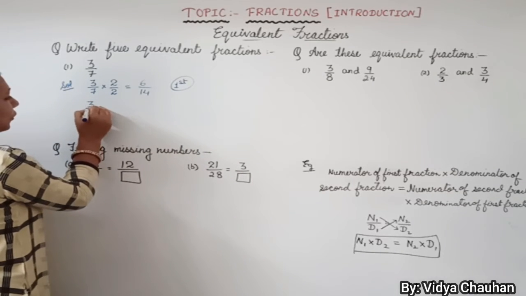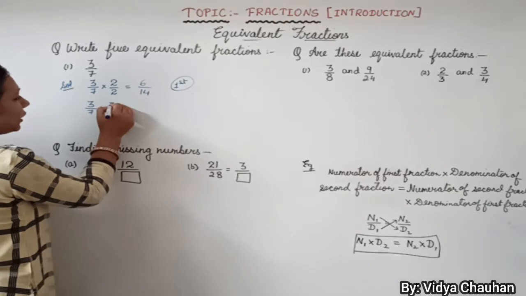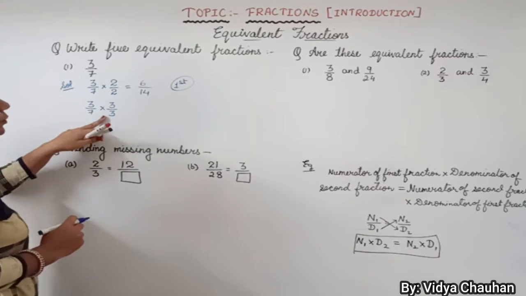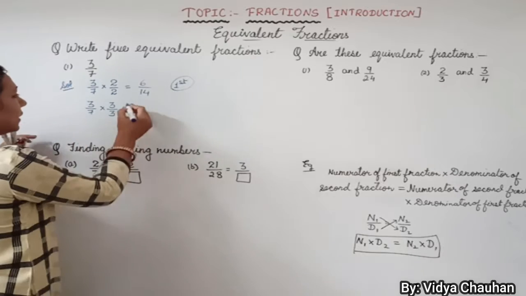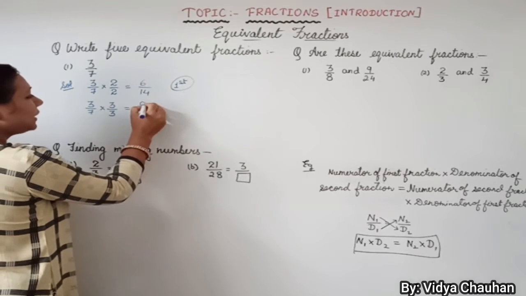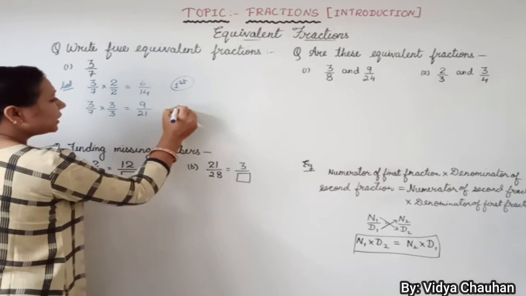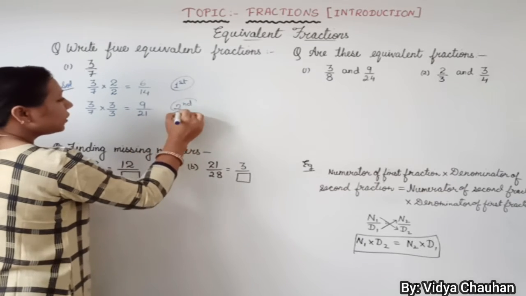Similarly, for 3 upon 7, to get the second equivalent fraction I will multiply both numerator and denominator by 3 and 3. 3 multiplied by 3 is 9 and 7 multiplied by 3 is 21. This is the second equivalent fraction.